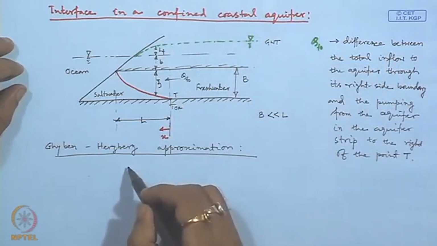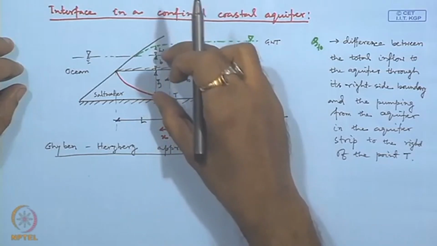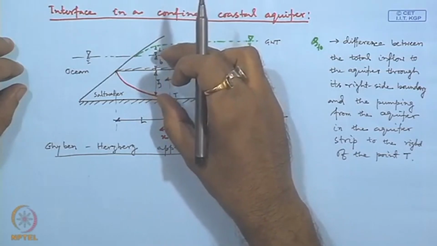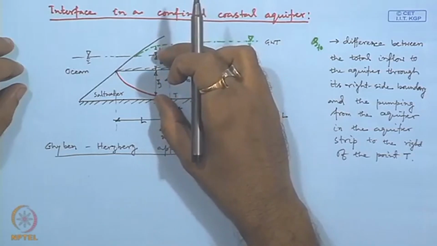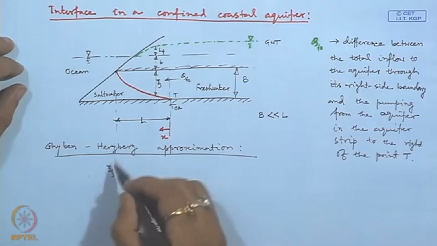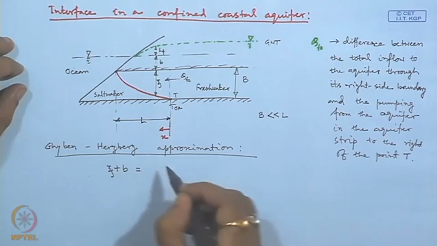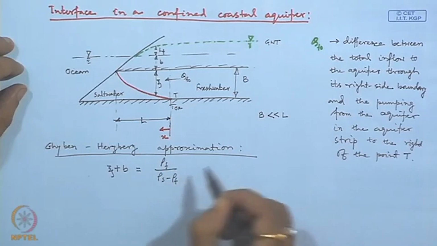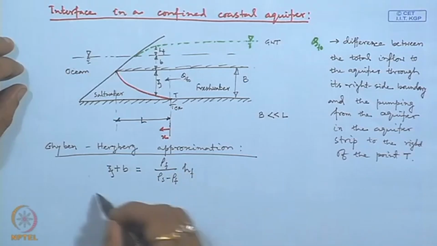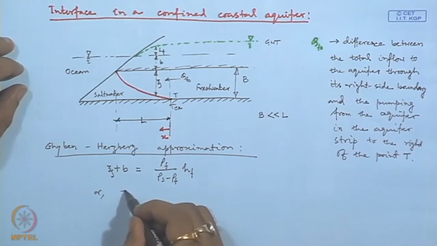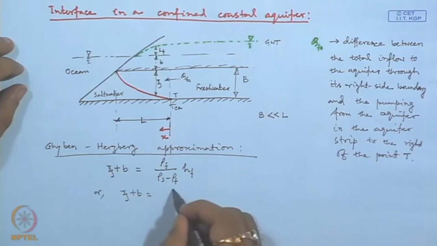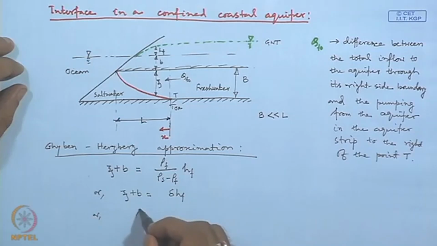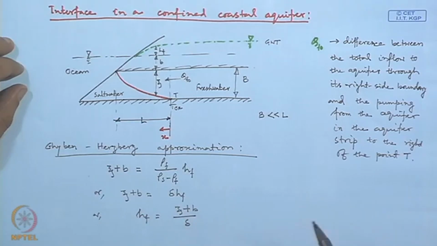So, we can express xi plus B, the distance below ocean level up to the interface, as xi plus B equals rho_f by rho_s minus rho_f into h_f, or in simplified form xi plus B equals delta h_f, or h_f we can directly use as B plus xi plus B by delta.